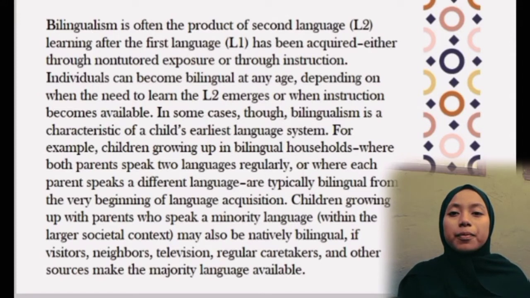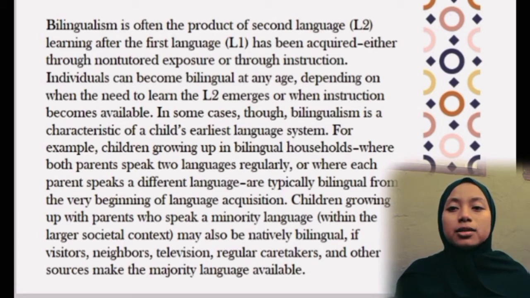Bilingualism is often the product of second language, L2, learning after the first language, L1, has been acquired, either through non-tutored exposure or through instruction. Individuals can become bilingual at any age, depending on when the need to learn the L2 emerges or when instruction becomes available. In some cases, bilingualism is a characteristic of a child's earliest language system.